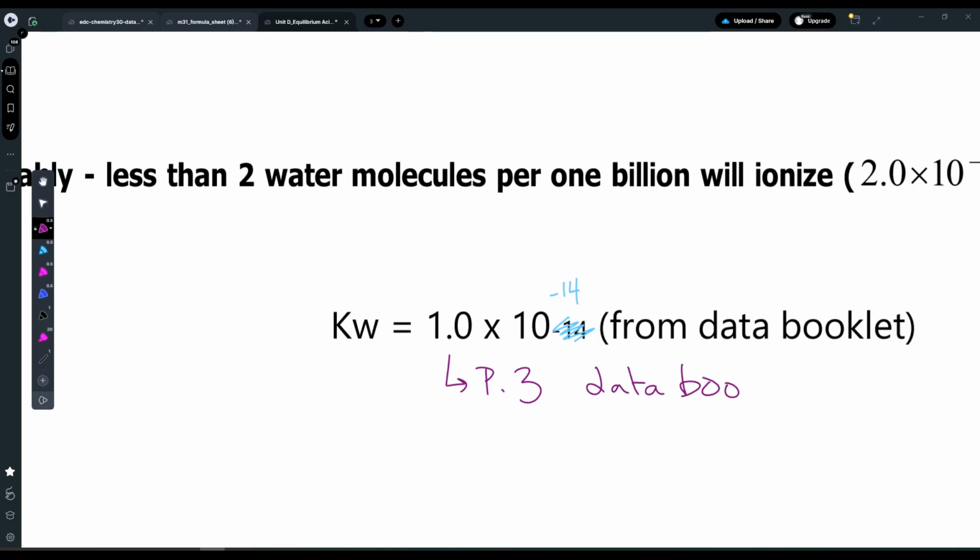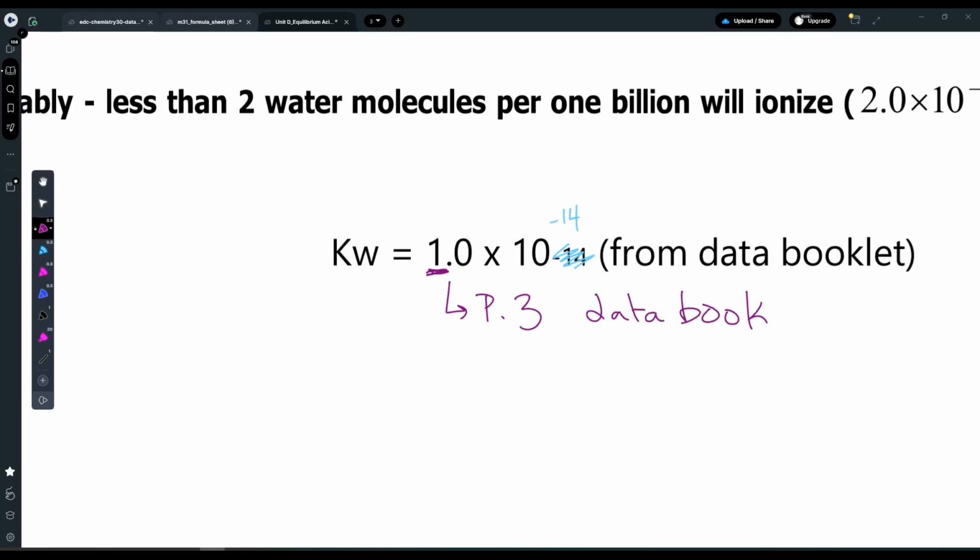What this incredibly small number tells us, and we know it's very small because our exponent is negative, is that if you wrote this number out normally and not in scientific notation, you would have 0 point and then 13 zeros and then a 1. So it's a very small number.